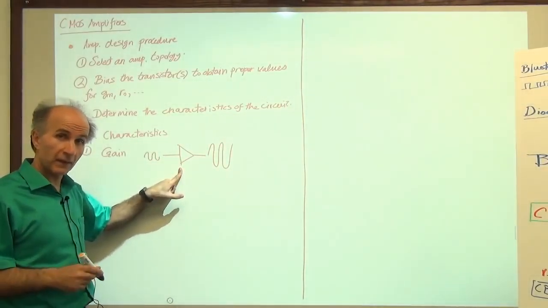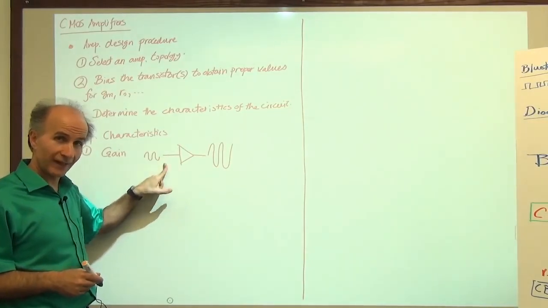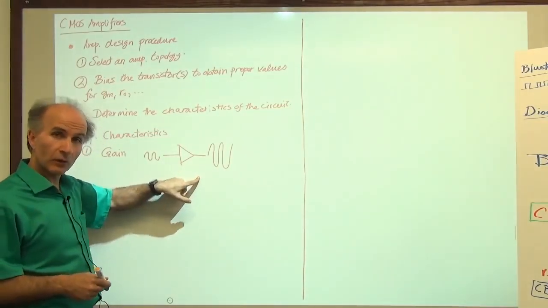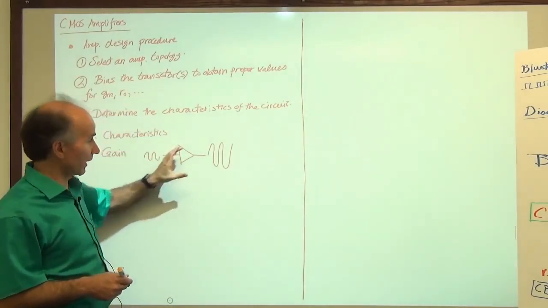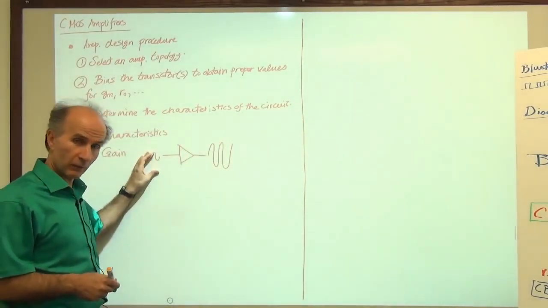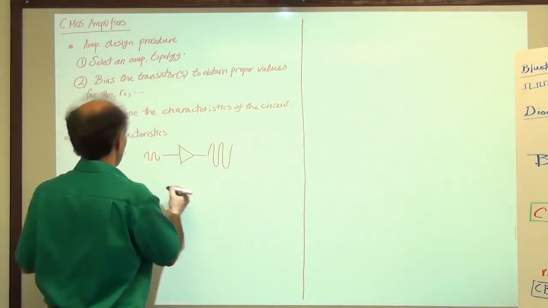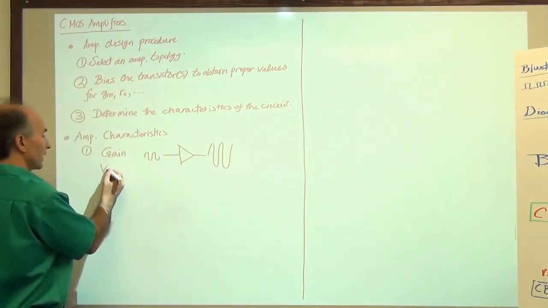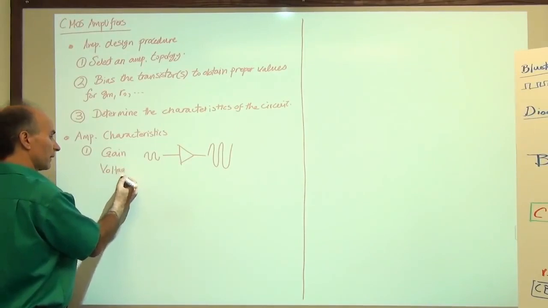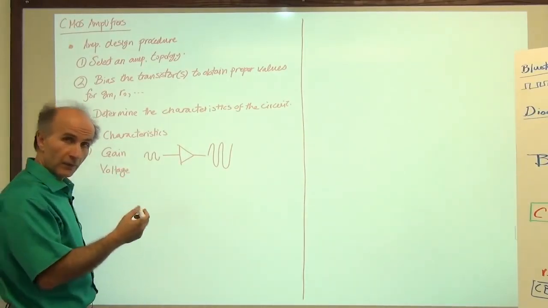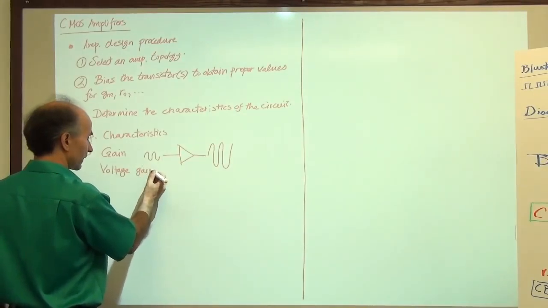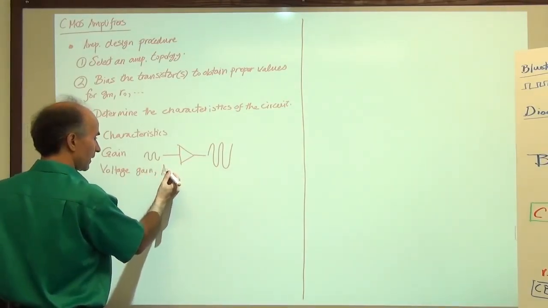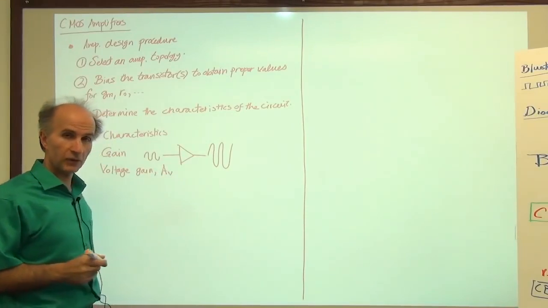Typically, we are interested in amplifiers that take a voltage and generate a voltage. So this would be called the voltage gain of the amplifier if we divide this voltage swing by this voltage swing. So oftentimes we call this voltage gain. There are some rare cases where we are interested in other types of gain, but in most cases we are interested in voltage gain, and it is denoted by A sub V.